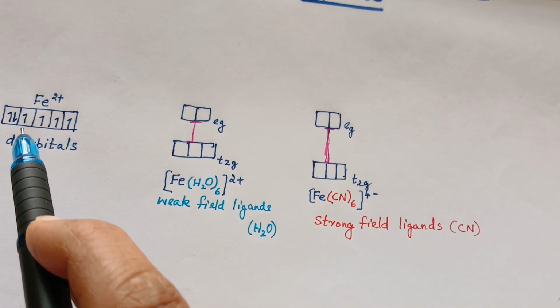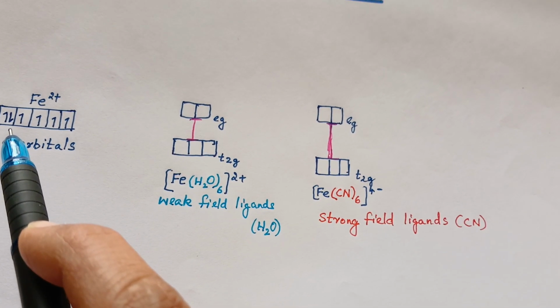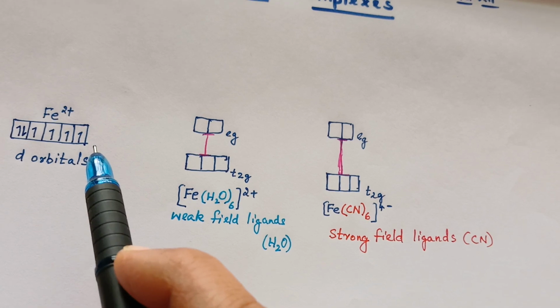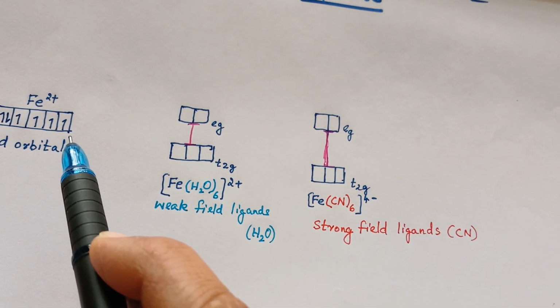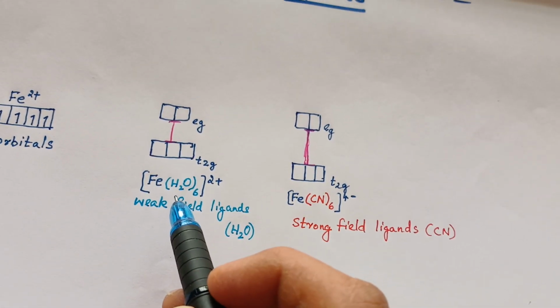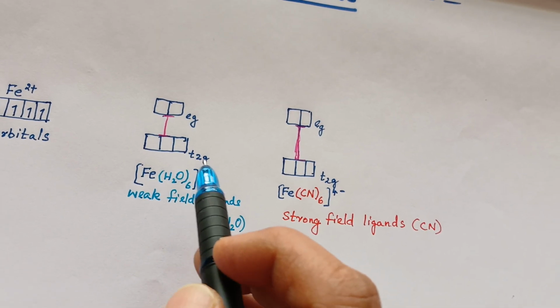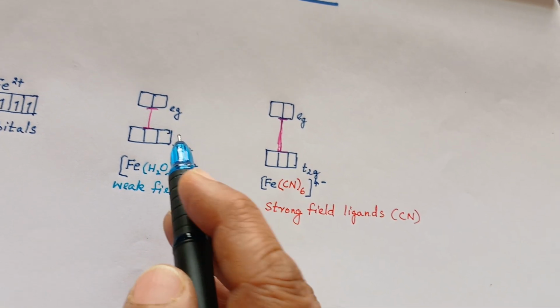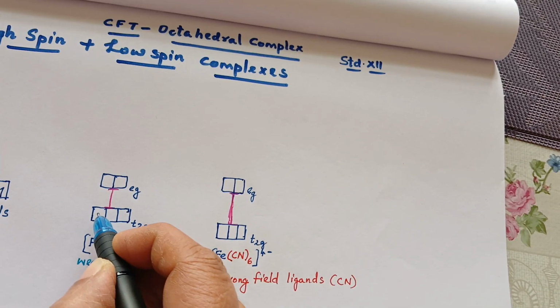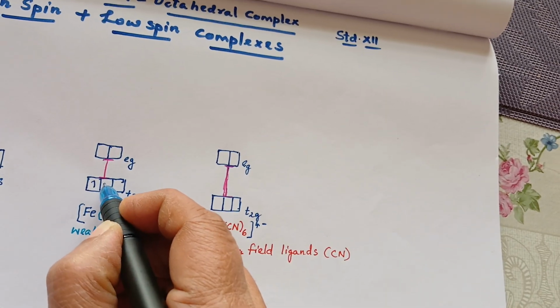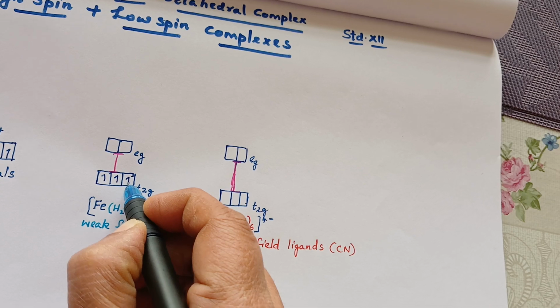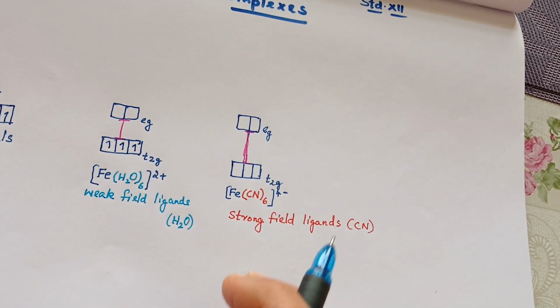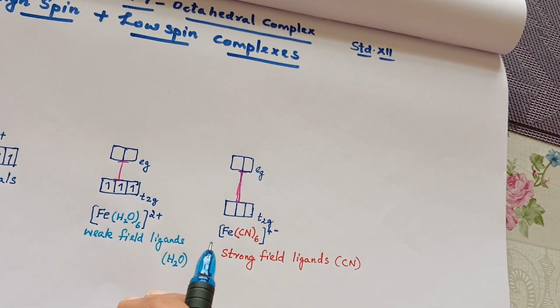Now how many electrons are there in the d orbitals of Fe2+? We can see 6 electrons in here. Let us see how they will get arranged in the T2G and EG sets. The first electron will come here, second will come here, third will come here. Where will the fourth electron go?